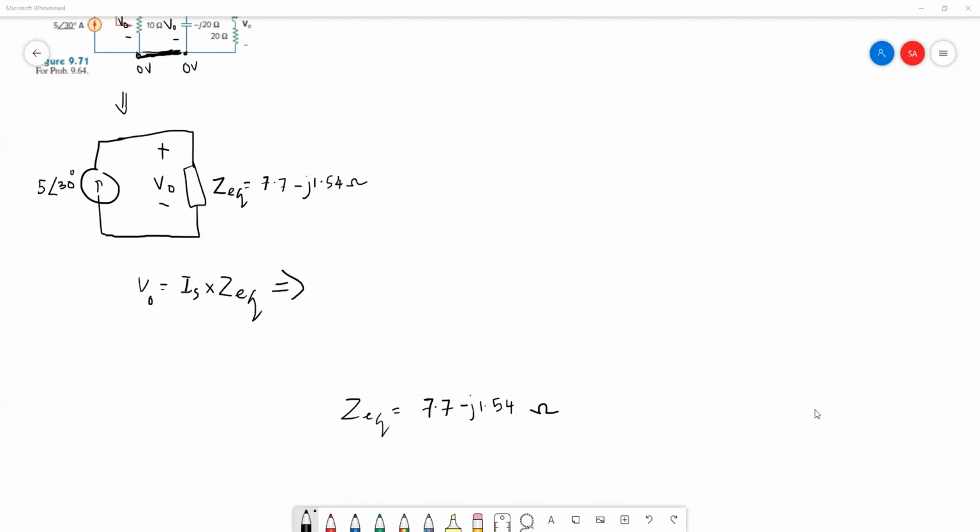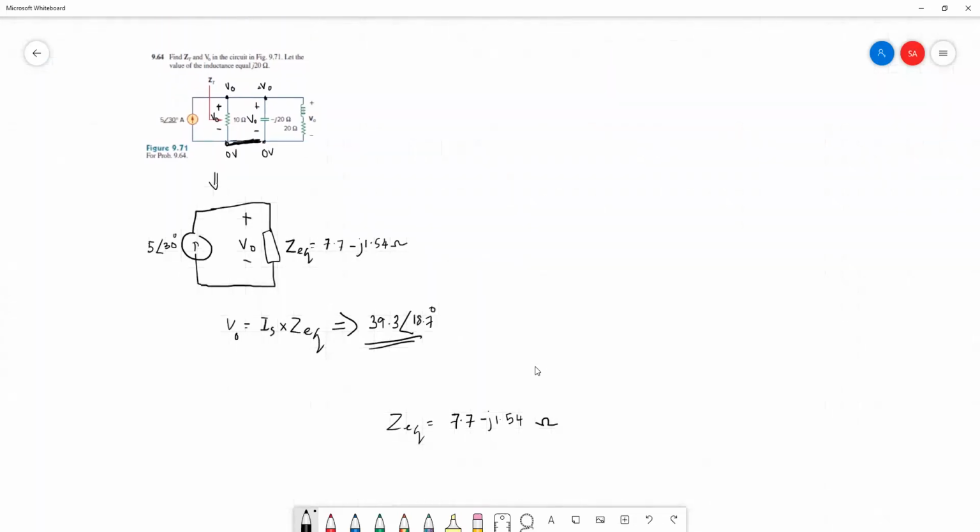To convert rectangular into polar form, you just shift plus. So the polar form for V out is 39.3 with an angle of 18.7 degrees. That is your output voltage. So we have already finished this example.